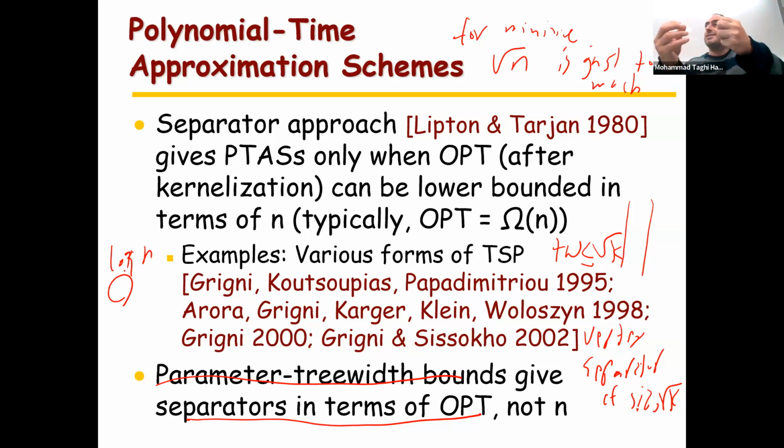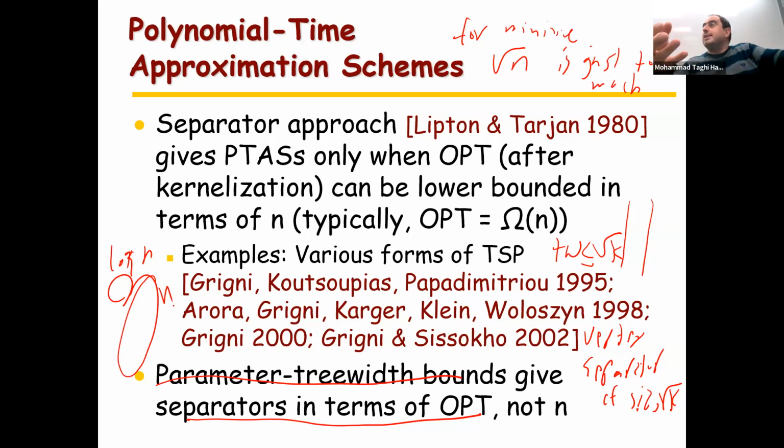The size might still be much larger. That's the part where we are using fixed parameter algorithms. I'm continuing this not until the size of each component becomes constant or log n. I will continue until the solution size of each component becomes constant or say log k. The size of the graph might be very large here. But I know that the solution would be at most, say, constant or log k.